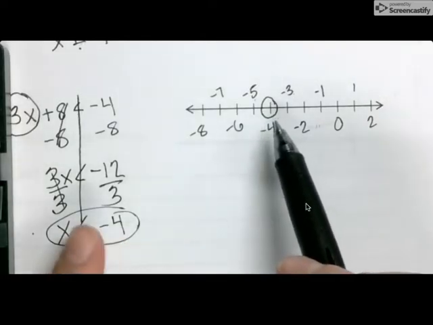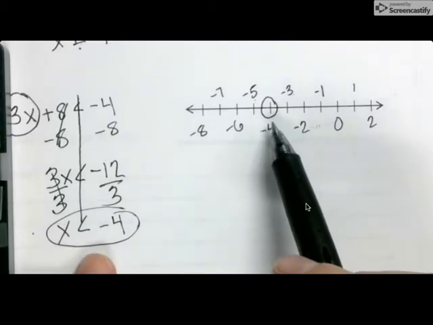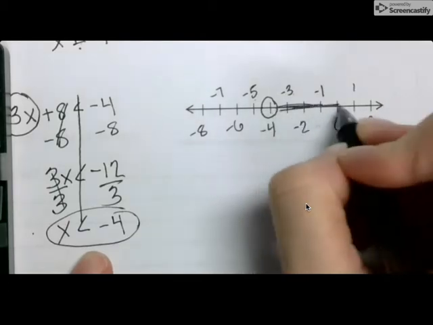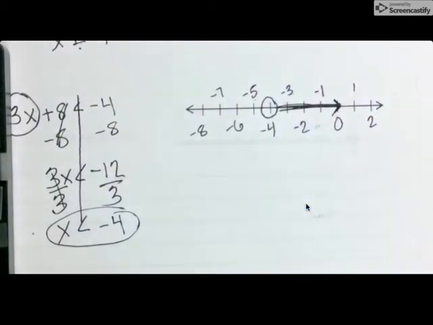It is -5. Or -3 is less than -4, so it needs to go to the right. And does that circle need to be filled in or stay open? Needs to stay open. Wait.